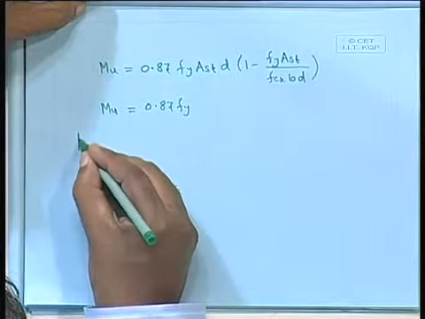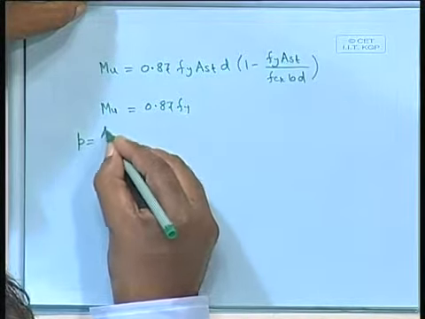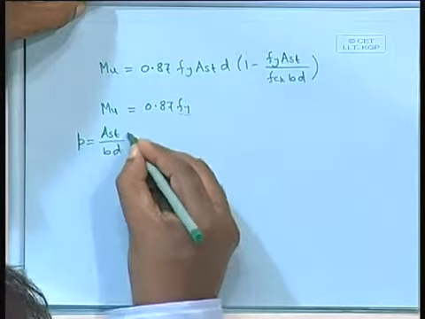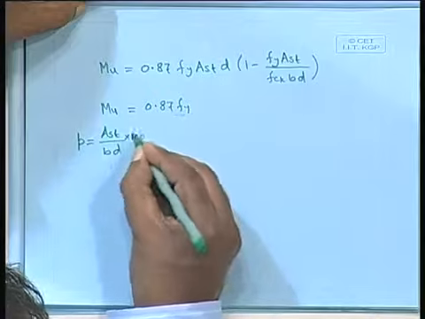P, that percentage of steel, I can write as Ast by bd into 100.